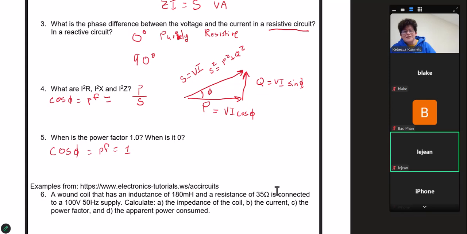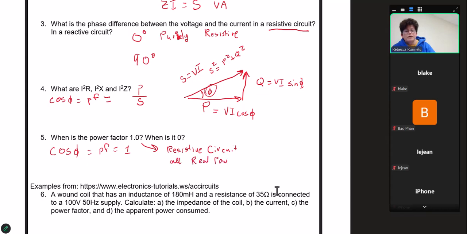And so if our angle is 0, what does that tell us about the kind of circuit that we have? This would be a purely resistive circuit. So power factor equal to 1 means we have all real power. And if our power factor is 0, that means that it's all reactive power.